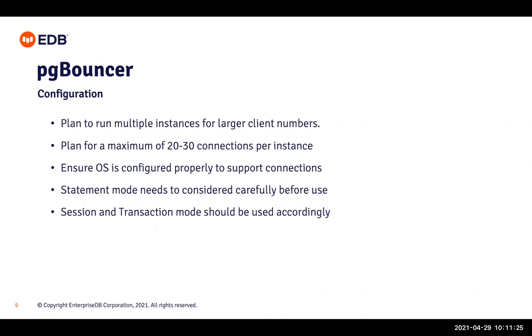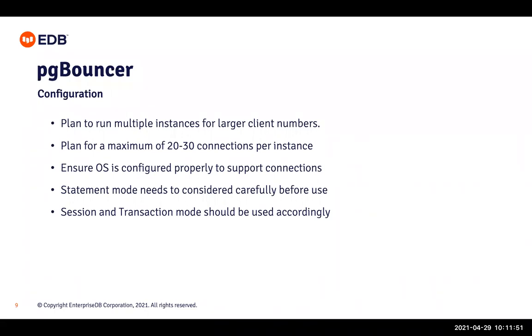So if you are increasing max client connections in pgbouncer, make sure that you also increase the file descriptor limit in your OS. Statement mode needs to be considered very carefully, and session and transaction mode should be used accordingly.